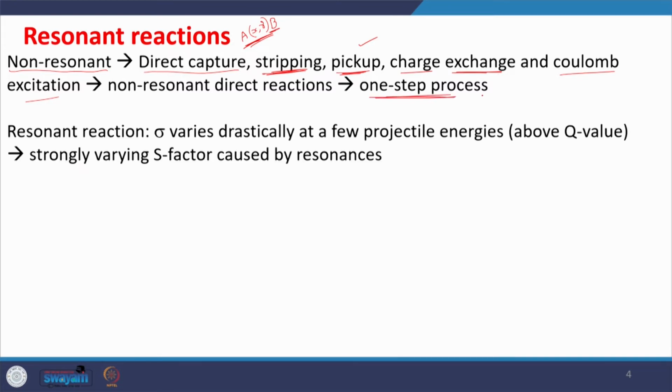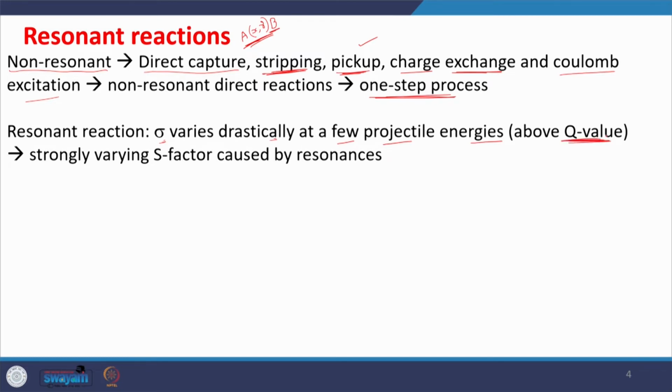Now, in the case of resonant reactions, the cross section does not possess a smooth dependence on the energy. It varies suddenly and drastically at a few projectile energies only, and that too when the energy state of the nucleus is above the Q value.